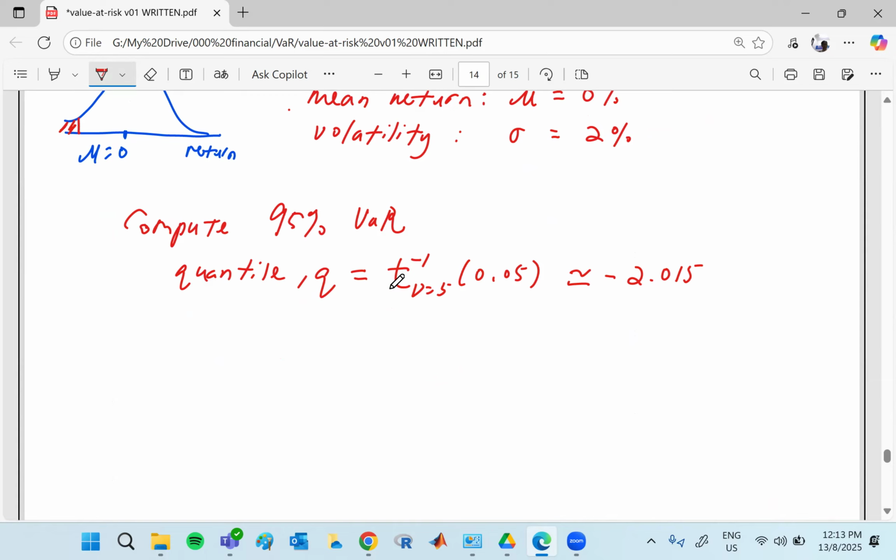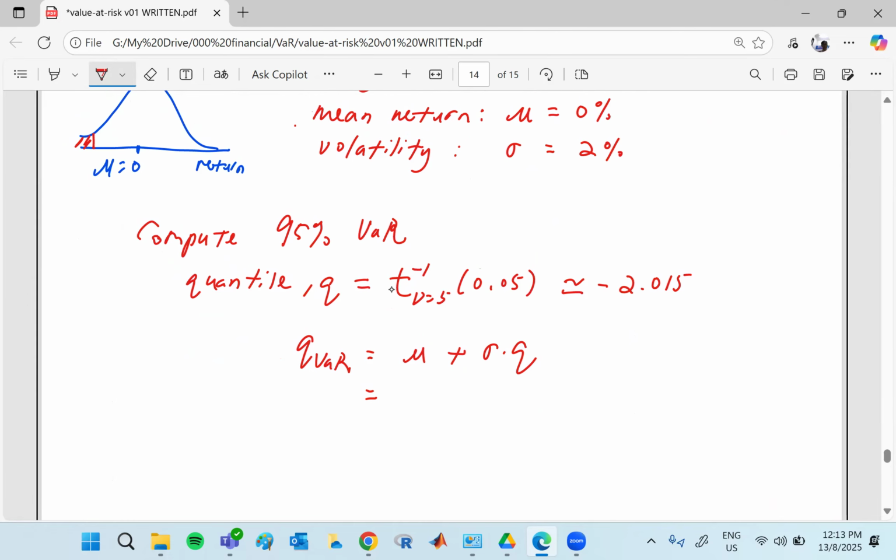So the VAR quantile in returns is mu plus sigma Q under the student T assumption. So this is 0 plus sigma, the volatility 2%, 0.02 times minus 2.015. This will provide us with a negative value, which is the loss. Value at risk basically is the loss.